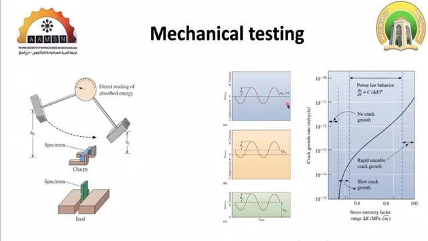Also, altering load or oscillating load, subjecting the material to oscillating load, can be tested to get the fatigue property or the fatigue behavior of the material by applying altering load, compression and tension, compression and tension, and so on.